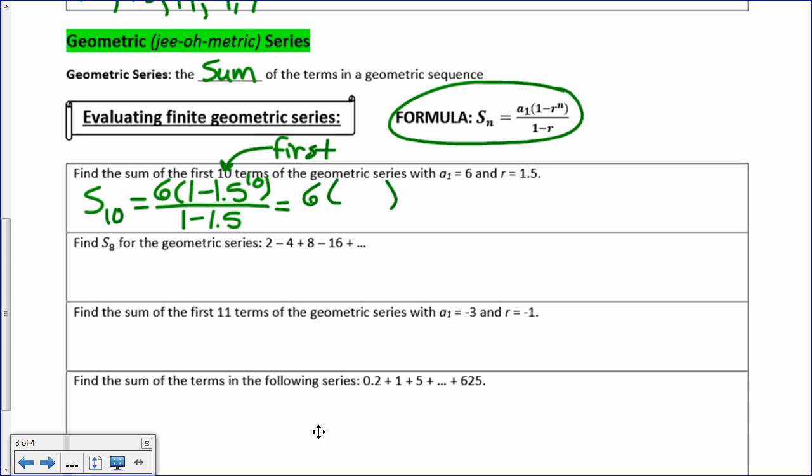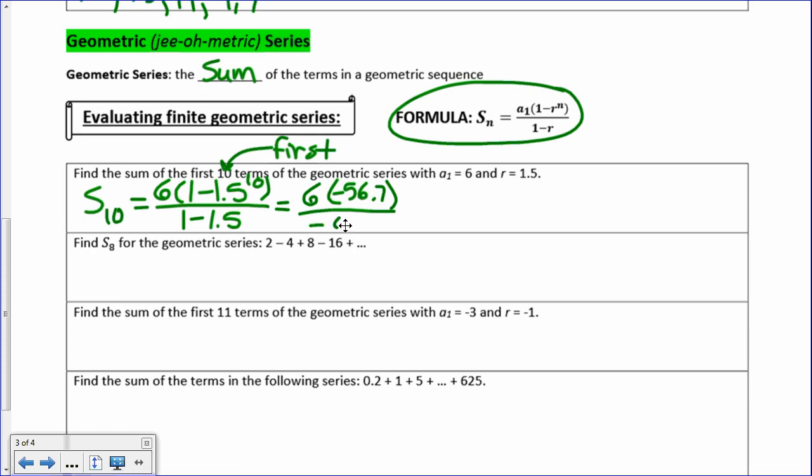Whatever that is, you're just going to write it down in the parentheses. And you can round. Alright, so do that first. Just put that one part in your calculator and put it back in the parentheses. The second thing I want you guys to do is figure out what the denominator would be. What's 1 minus 1.5?